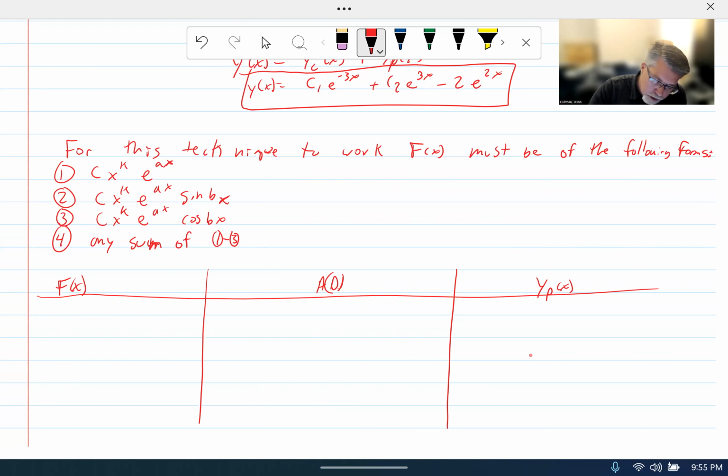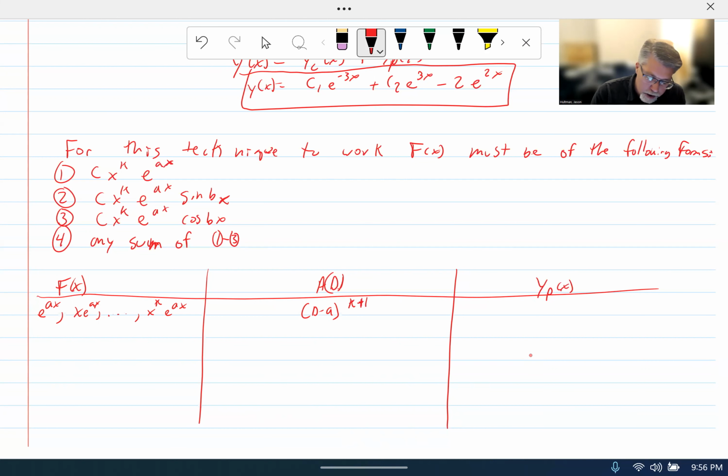So if f of x is of the form e to the ax, x e to the ax, or any x to the k e to the ax, then my differential operator, my annihilator, basically, that I'm going to end up with is D minus a to the k plus 1 power.